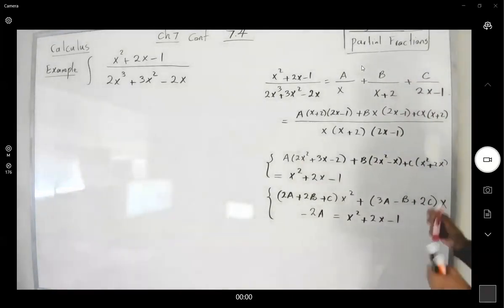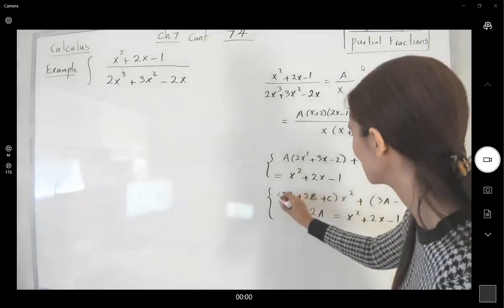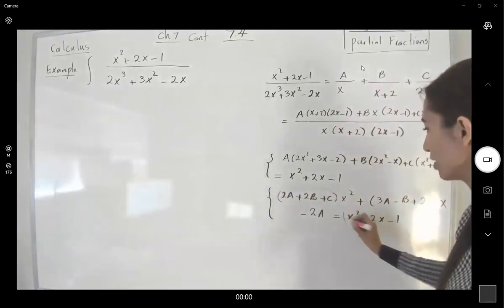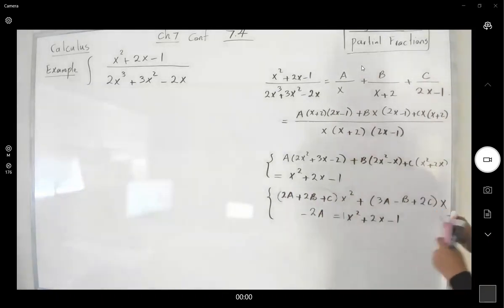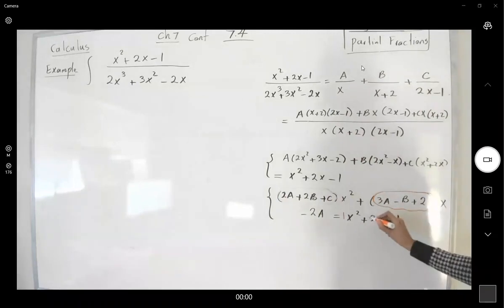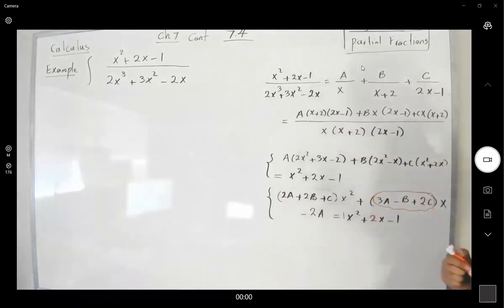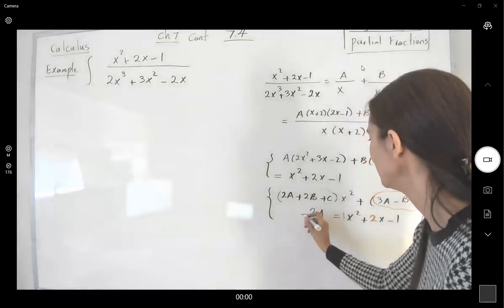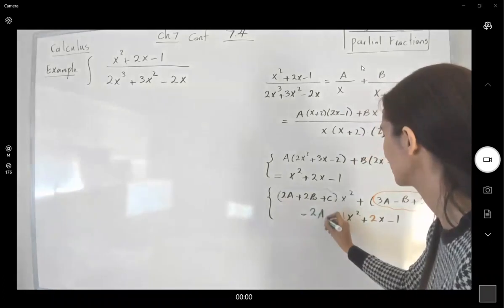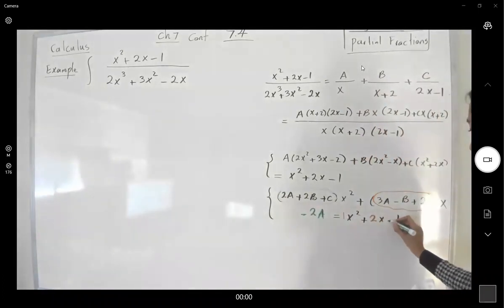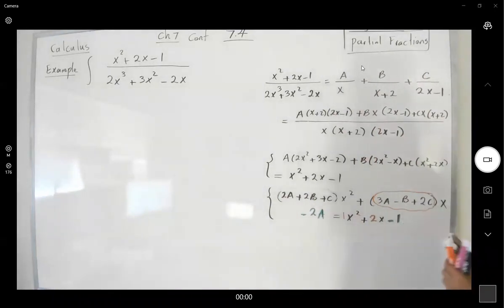So it means that 2a plus 2b plus c is equal to 1. 3a minus b plus 2c is equal to 2. And your constant, which is minus 2a, is equal to the constant on the right-hand side, negative 1.